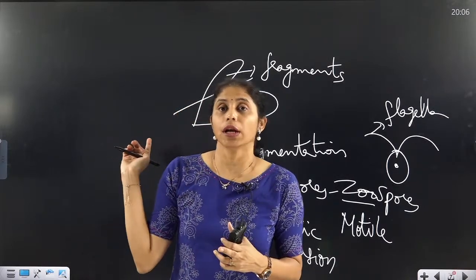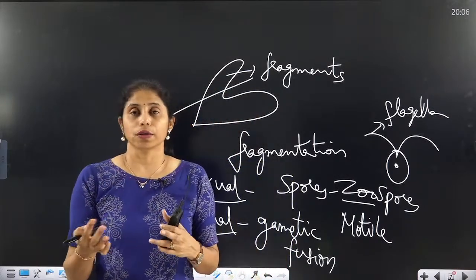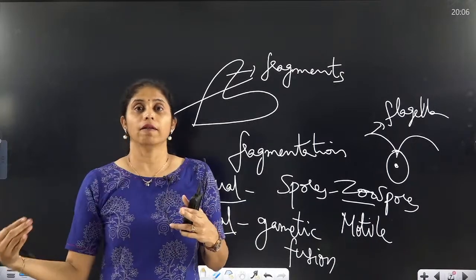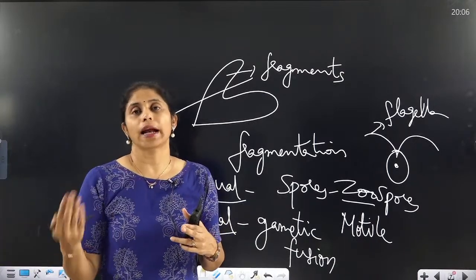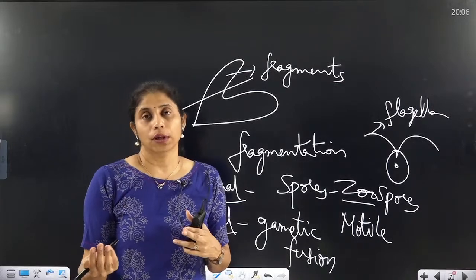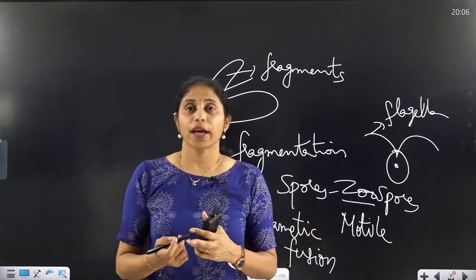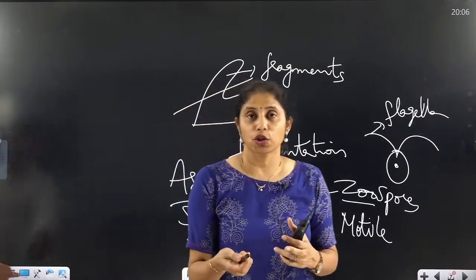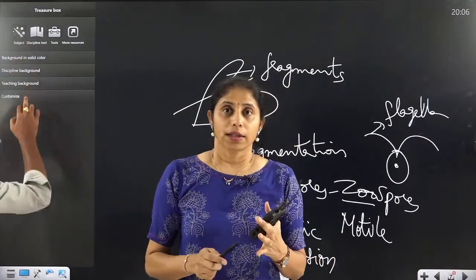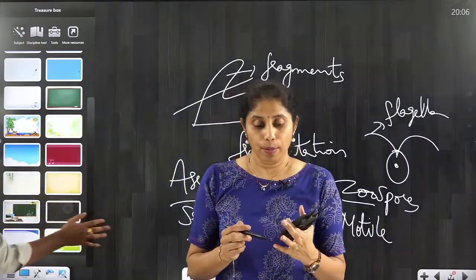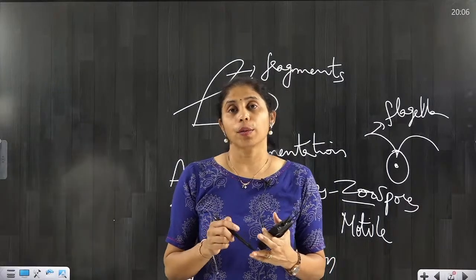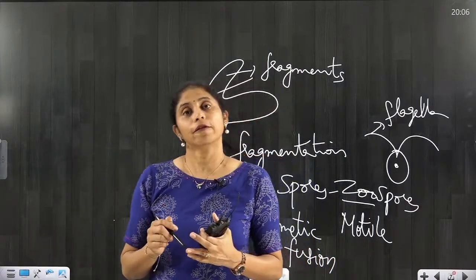As I told you in the beginning, they don't have embryos. So the zygote will directly develop into the algal plant body, or thalloid form. That is how reproduction happens: vegetative reproduction by fragmentation, asexual reproduction by spores, and sexual reproduction by gametic fusion.